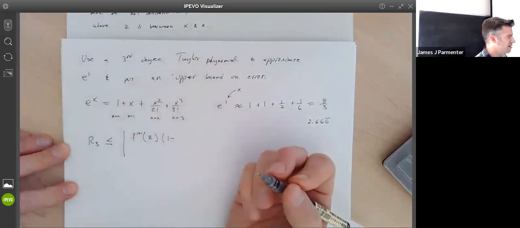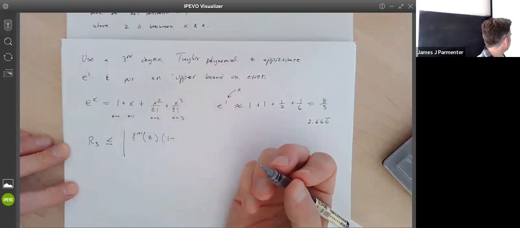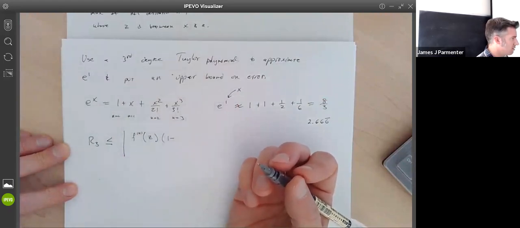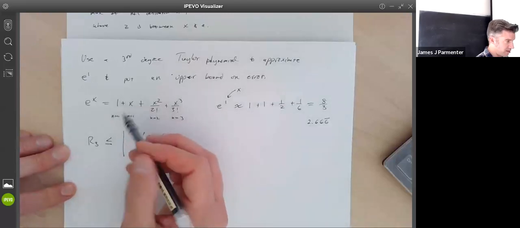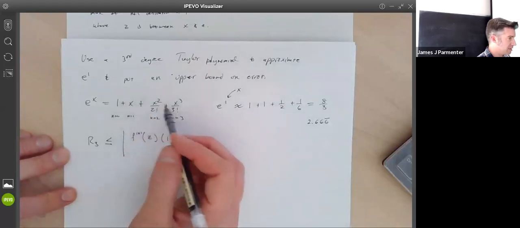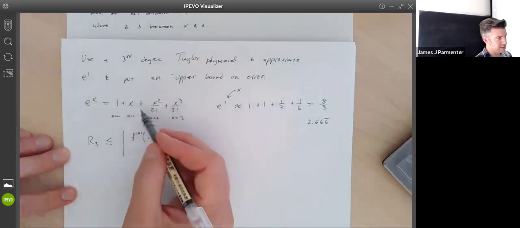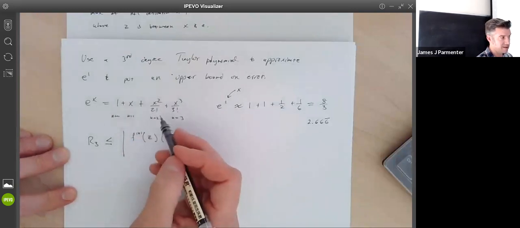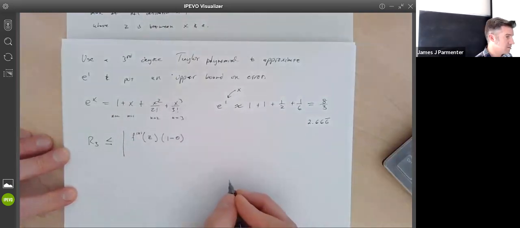What's our a value? Where did I center this thing? Well, if it was centered at 2, it would look like x minus 2, x minus 2 squared, x minus 2 cubed. So if I don't have an x minus something, where did I center it? Centered at 0.